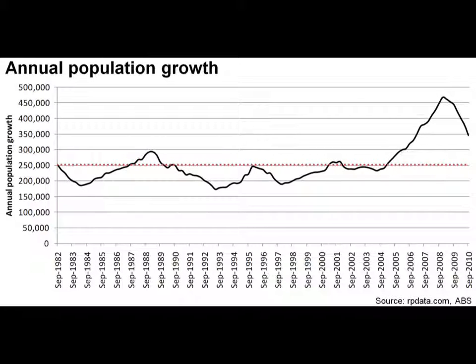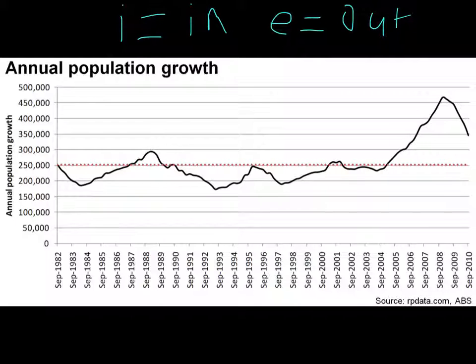Look at Australia. This country doesn't have a ton of immigration or emigration. Immigration equals in migration. Emigration equals out. Australia doesn't have a ton of either of these, but it does have some. As you can see, there's this line here in the middle.